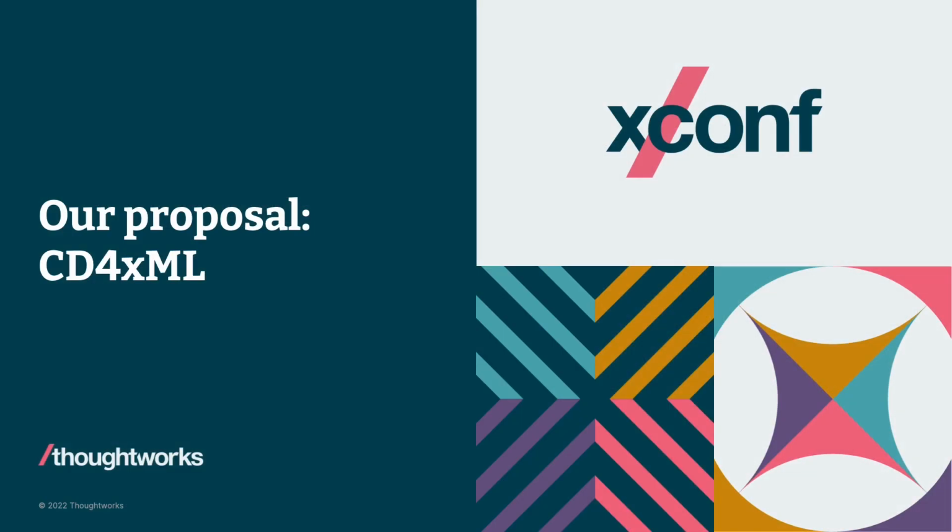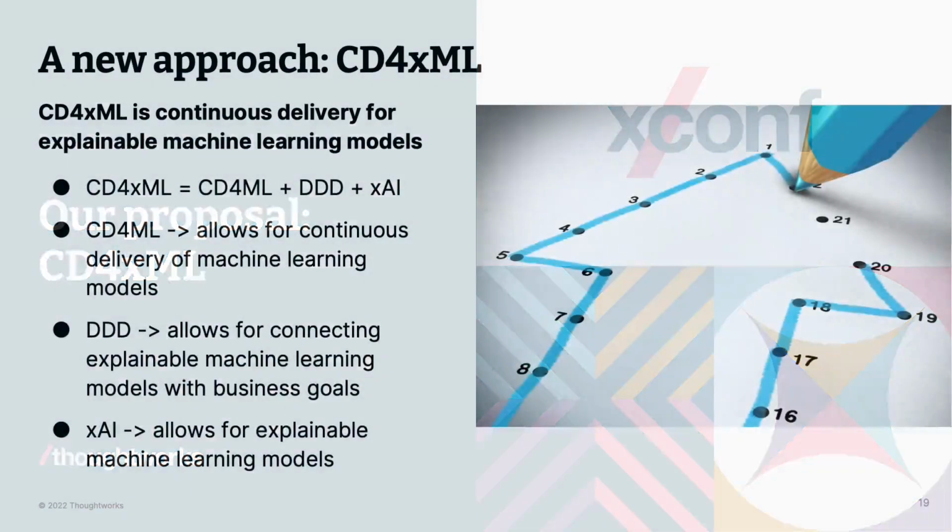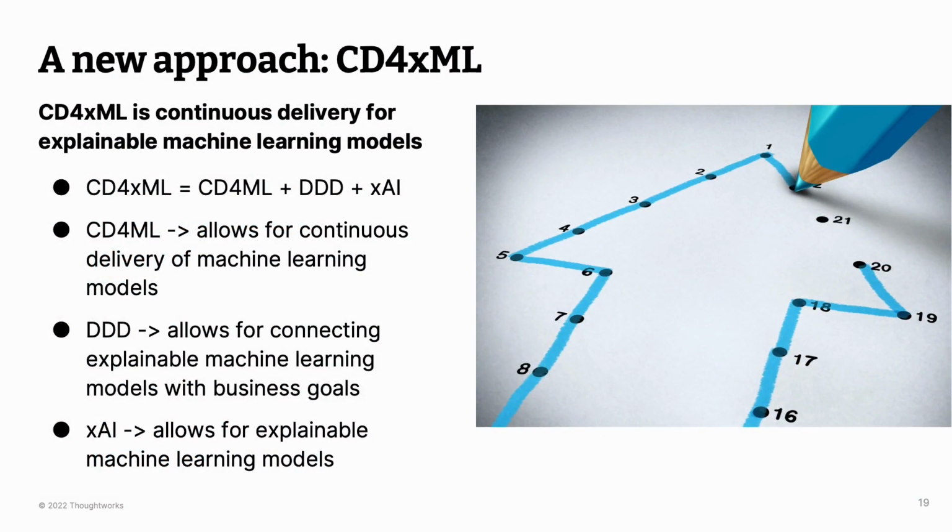So our proposal is CD4XML. Before we talk about CD4ML, here we are putting this X for explainable machine learning. And basically, it's continuous delivery for explainable machine learning models. If we sum the three pieces we are talking about, CD4ML, DDD, and XAI, we have CD4XML.